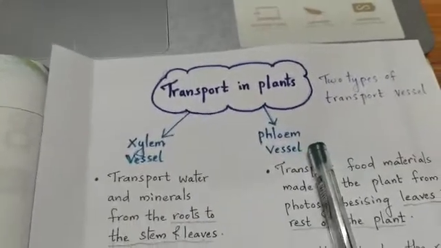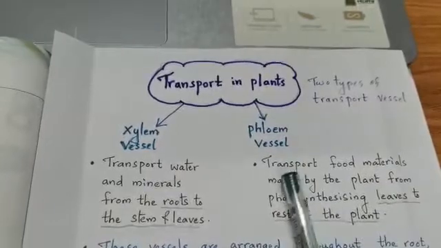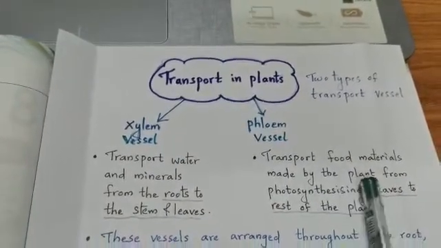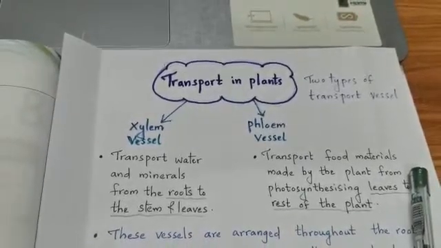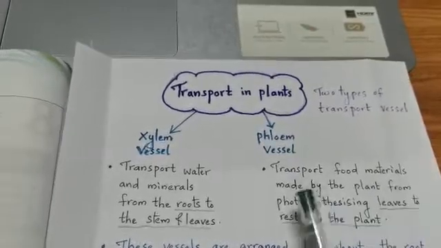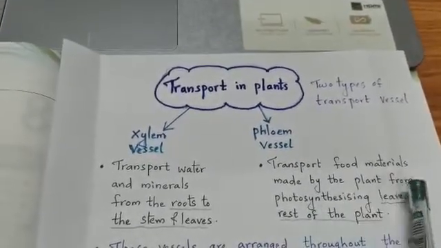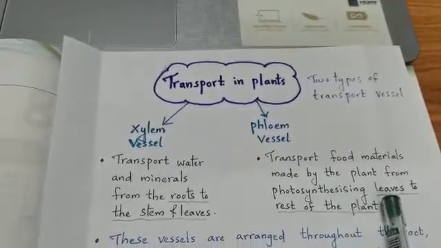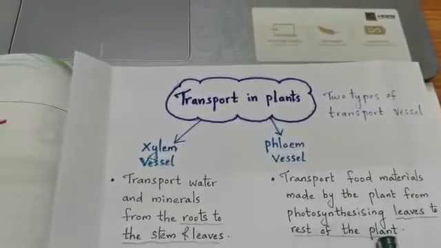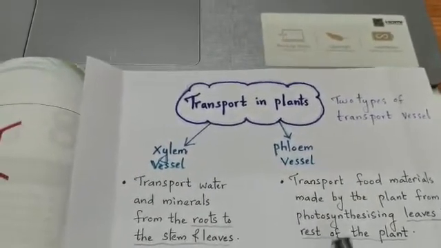Another transporting vessel is the phloem vessel. Phloem vessels transport food materials made by the plant in the leaf. Always remember, where is food made in the plant? In the leaves. So phloem transports the food material made by photosynthesis in the leaves to the rest of the plant, that is, from the leaves to all parts of the plant.